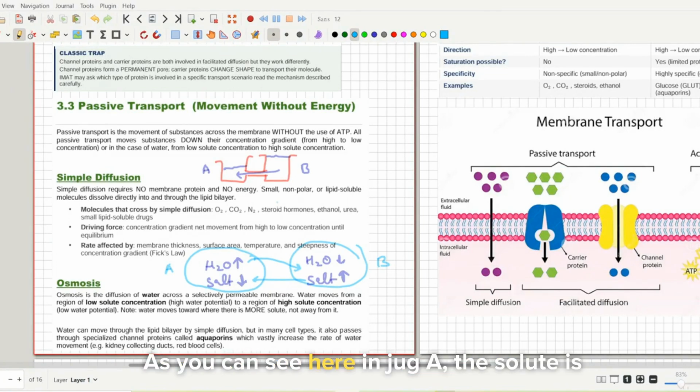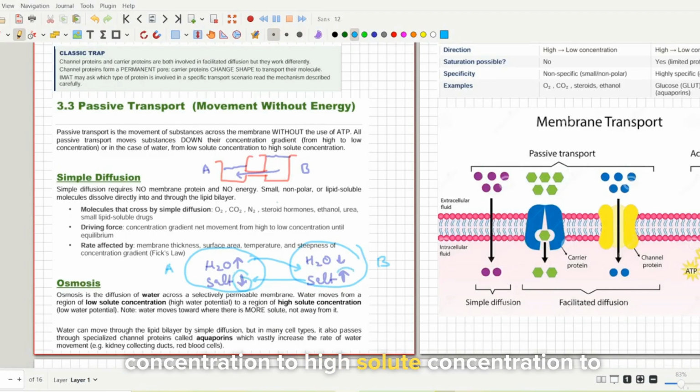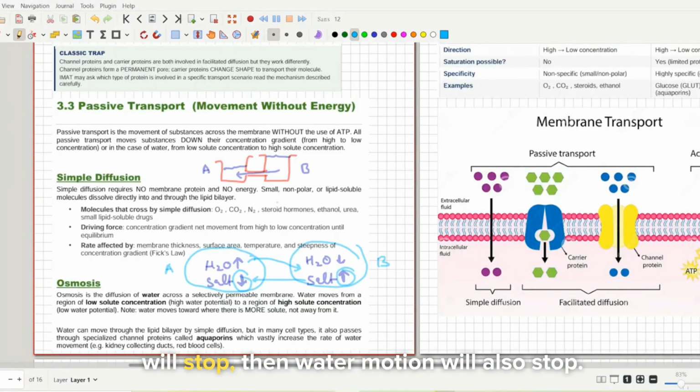As you can see, in jug A the solute is low, the salt is low. That's why water is moving from low solute concentration to high solute concentration to balance out everything between A and B. When both A and B have an equal amount of water and salt, the process will stop, then water motion will also stop. So that's how osmosis occurs.